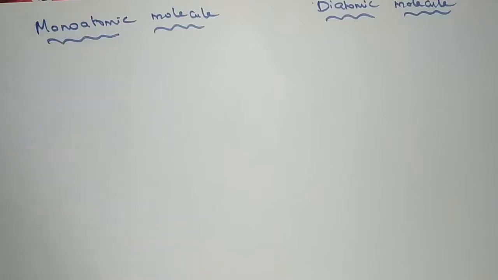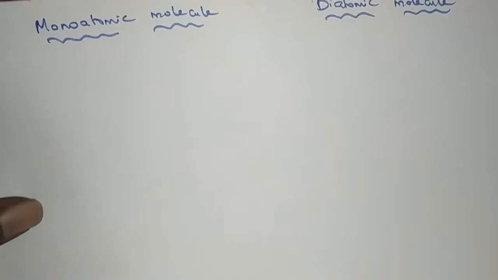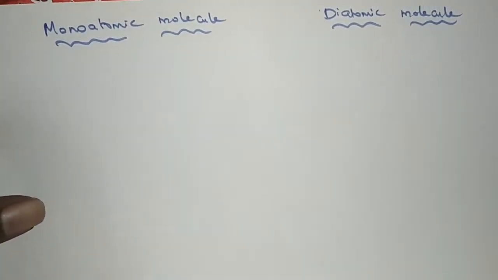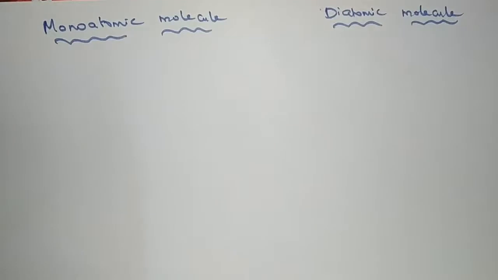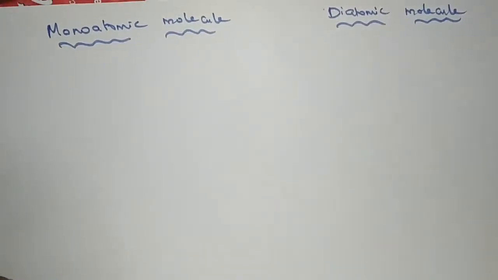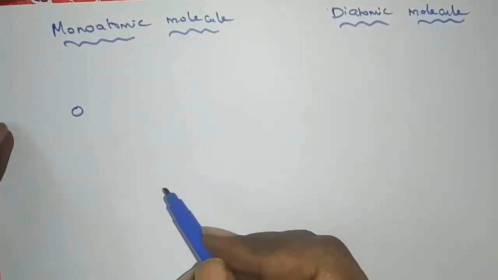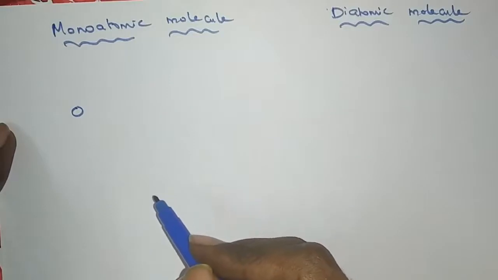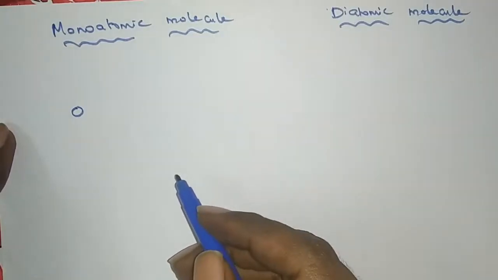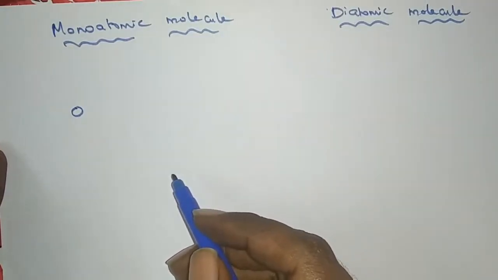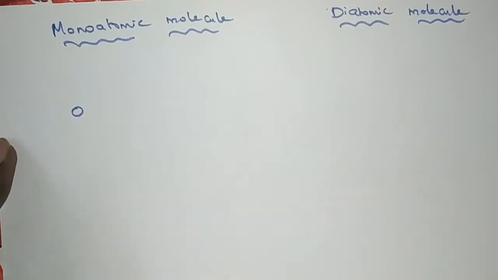Now let us see how many degrees of freedom exist for a monoatomic molecule, a diatomic molecule, and also for triatomic molecules. A monoatomic molecule is basically just an atom. So how many degrees of freedom exist for this? The degrees of freedom is the number of motions exhibited by the molecule, that is translational, rotational, and vibrational motion.